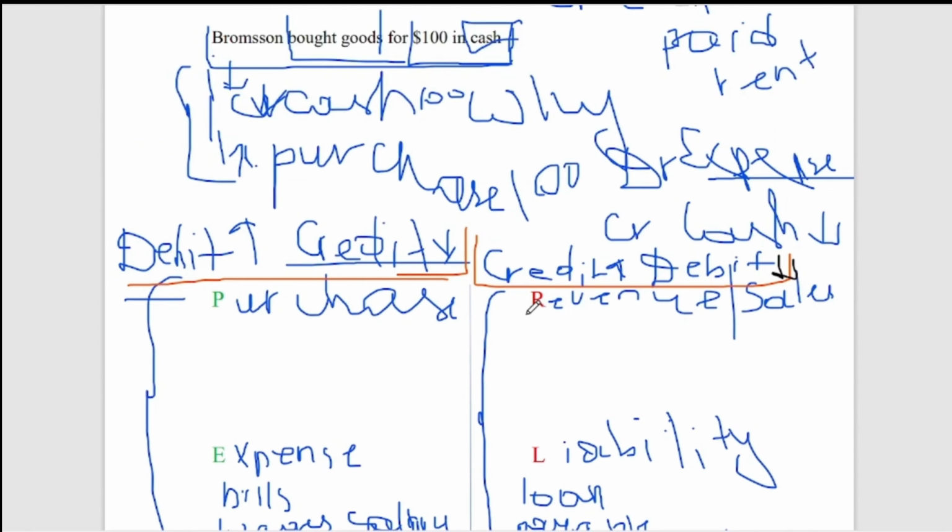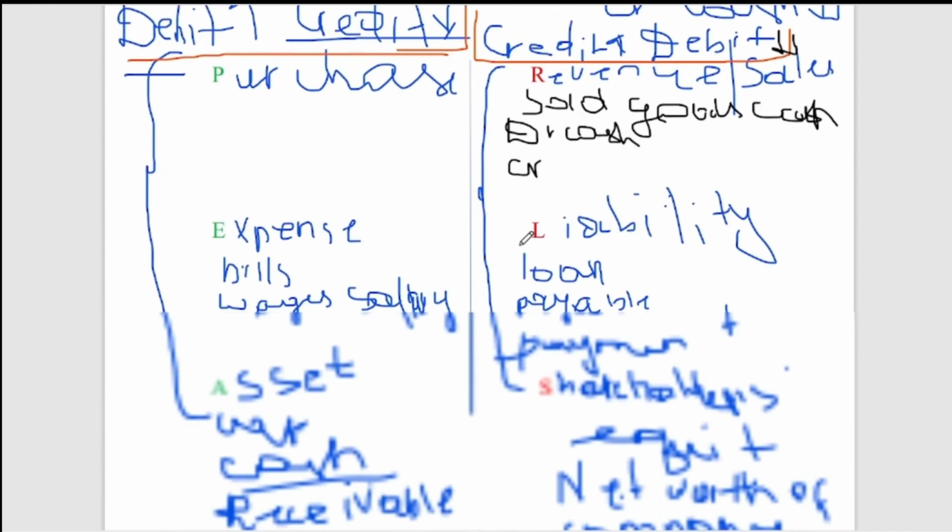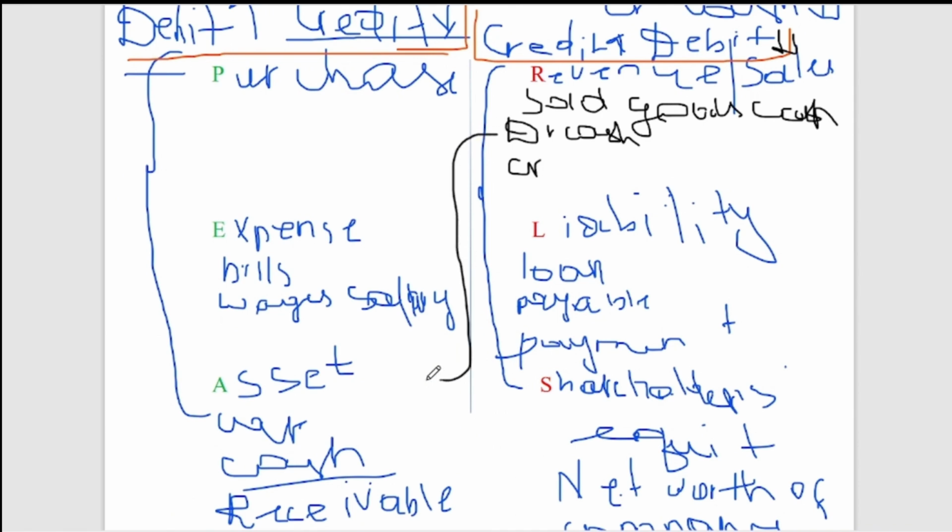Well, let's say you sold goods for cash. In that case, on the debit side, we should write cash, because cash is the component right here.